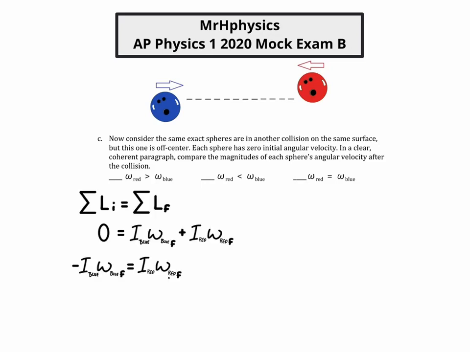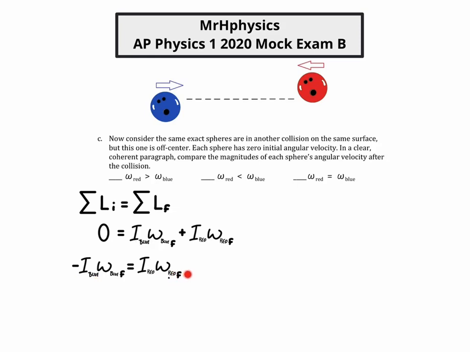We could treat this like a problem-solving question that asks for angular momentum final, and we do the problem-solving steps. We get an expression that says the moment of inertia of the blue ball times the final angular velocity of the blue ball equals moment of inertia of the red ball times final angular velocity of the red ball.